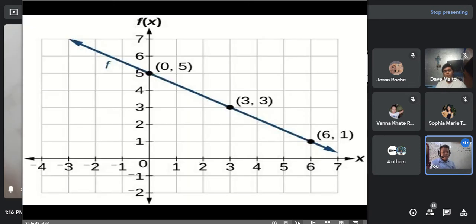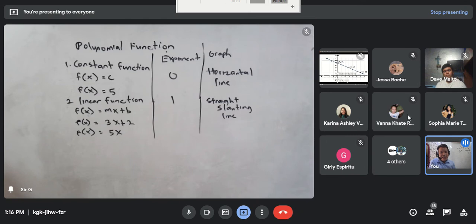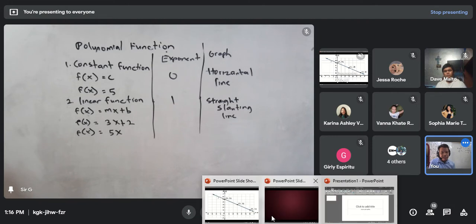Nakikita ninyo naman yung graph ng linear equation na yan, nasa PowerPoint. Pwede siyang paganyan or pwede siyang pakabila naman. Basta diagonal siya, pababa or pataas. Ganyan yung graph ng mga linear equation or linear functions. Okay, so is there any question po regarding dito? Wala naman so far. So, ngayon punta tayo sa pangatlo.